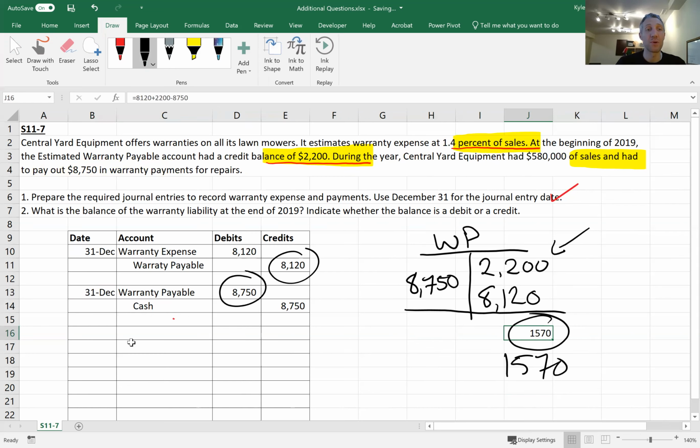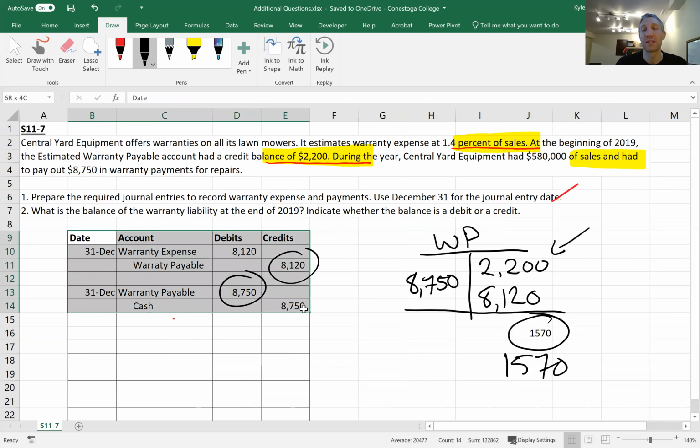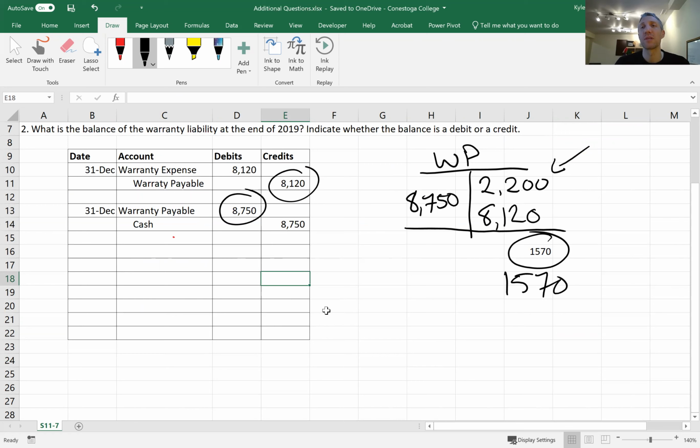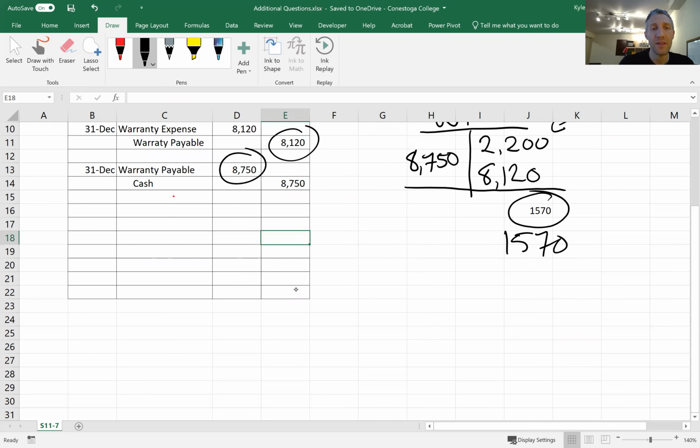Okay, so this was S11-7 from the Pearson textbook. Before I conclude, I want to emphasize a few things about why we do this. Now, it's easier to emphasize if we think about multiple years, if a warranty is offered for multiple years. Let's assume there's an organization that made sales in 2017 of, doesn't matter, $1,000.